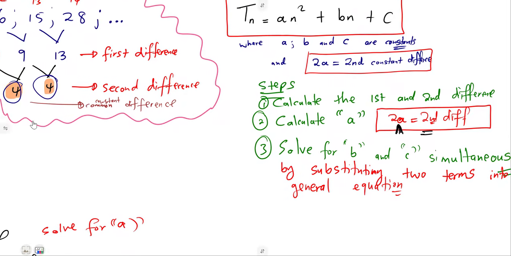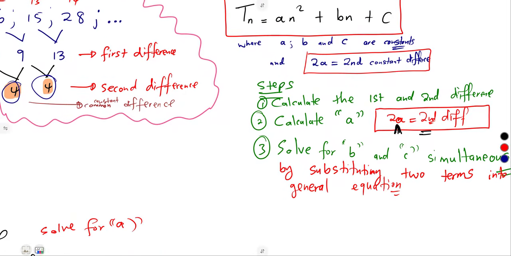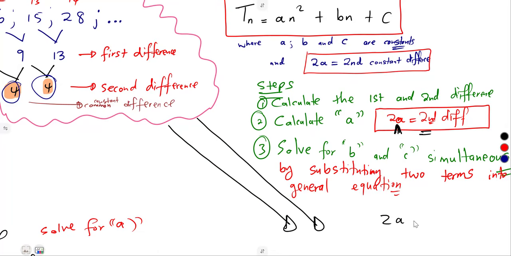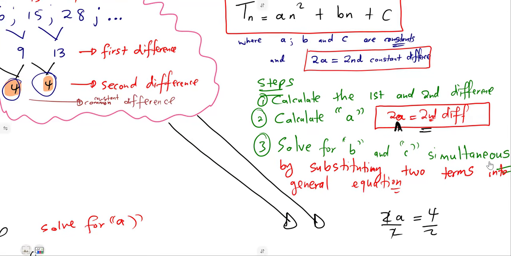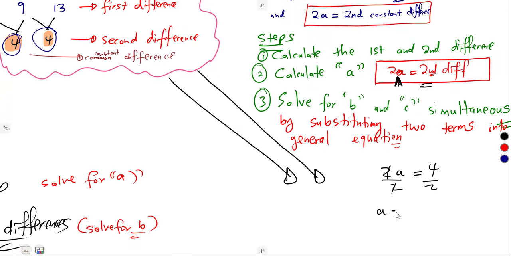So our second difference is 4. Let me put an arrow like this so that we know we are answering this question. So 2A is equal to the second difference, which is 4. Divide by 2 on both sides. Our A is 2. So therefore, A is equal to 2.